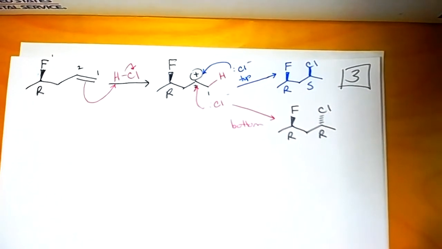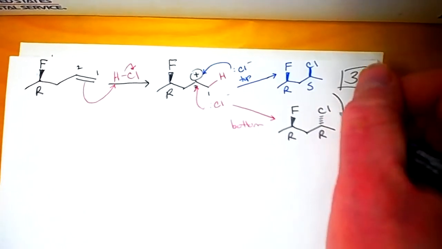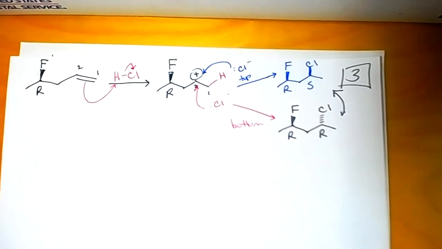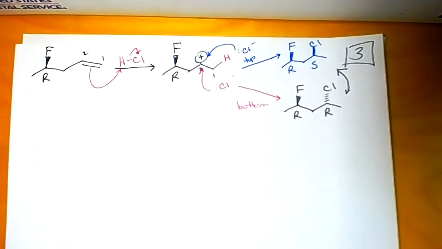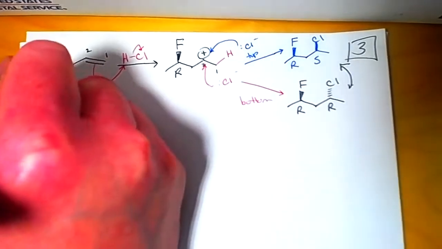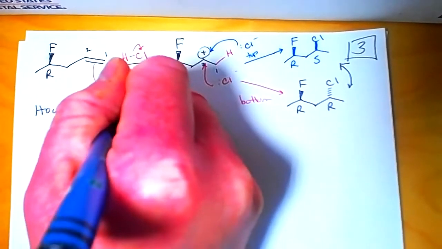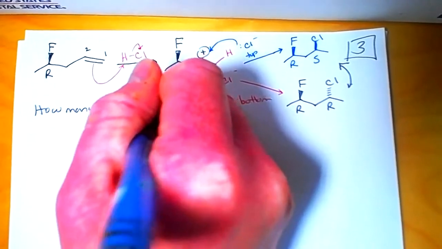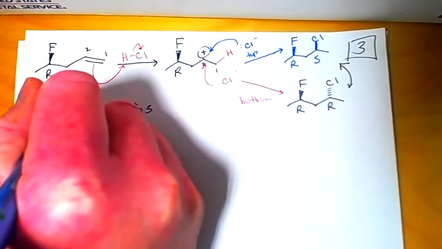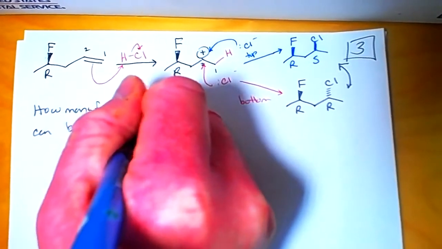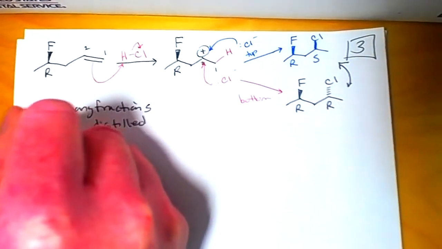Now the question about this is, what is the nature of these two compounds right here? Questions you'll often see asked about this is how many fractions can be distilled off as products?